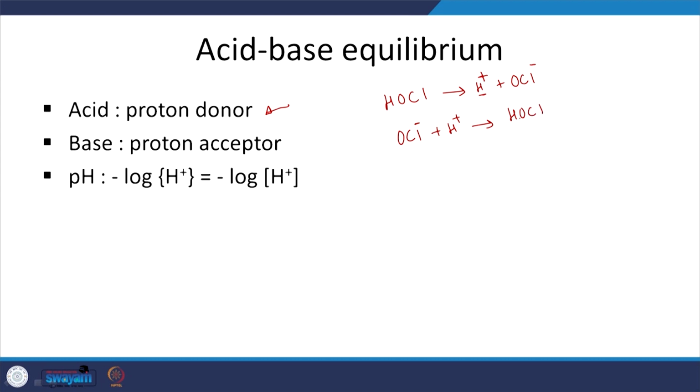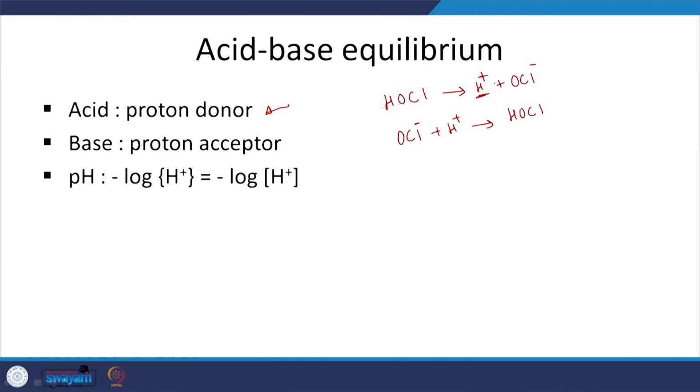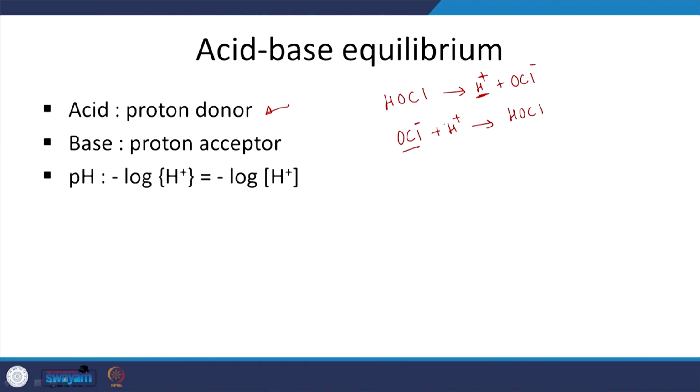So that's something to keep in mind. An acid is something that can donate H plus, and by releasing H plus you are going to bring down the pH of the solution. So if you add an acid and it can dissociate and release H plus, it will bring down the pH of the solution. OCl minus, on the other hand, by taking up H plus, or removing H plus from my solution, will increase the pH.